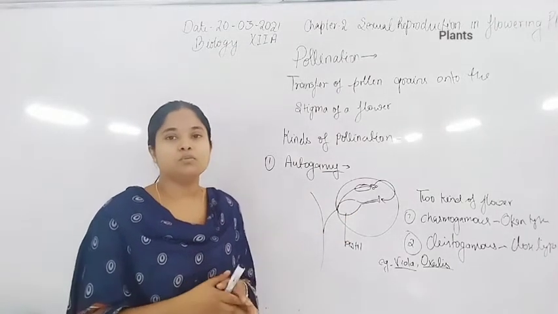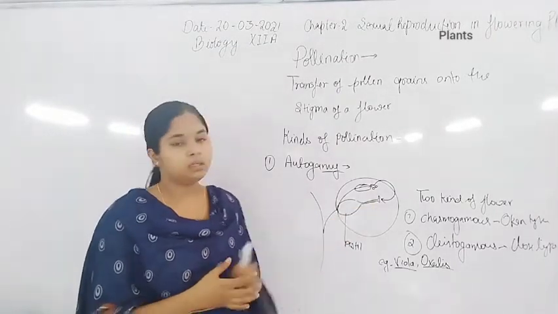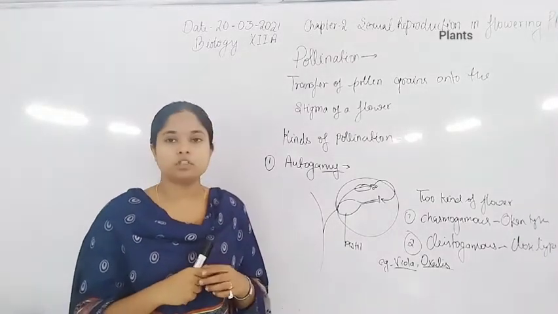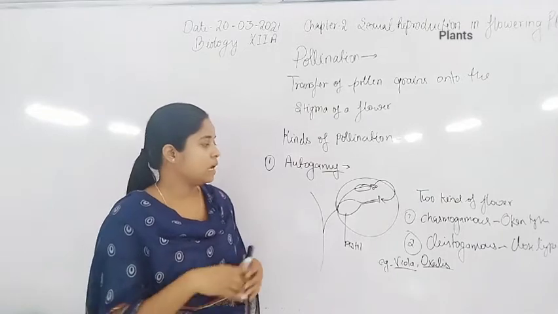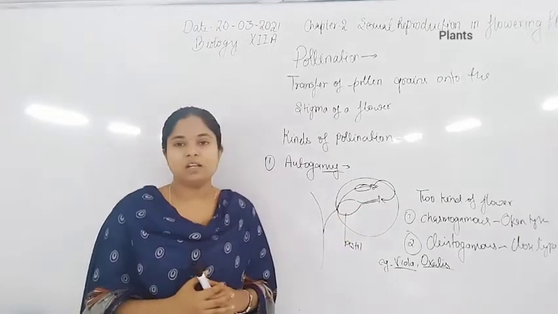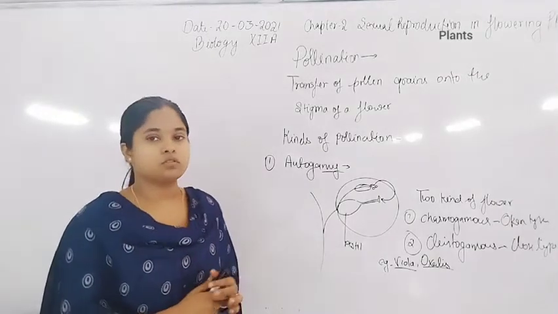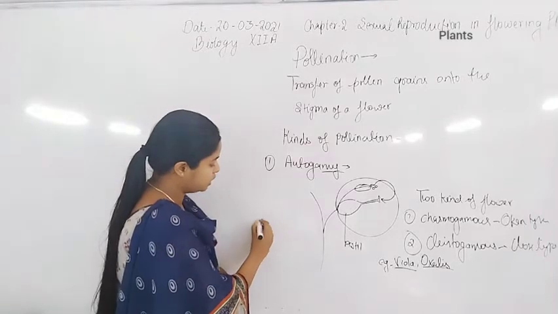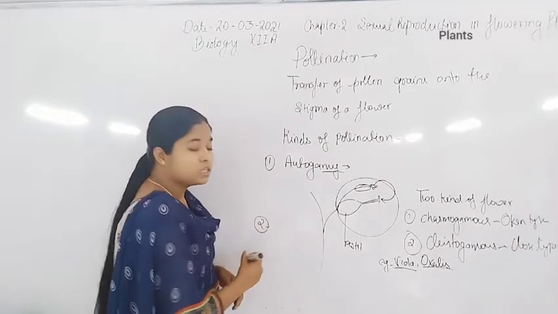So they allow the pollen grain to germinate, and that's why the chasmogamous flower allows cross pollination also. So the next kind of pollination is zytonogamy.